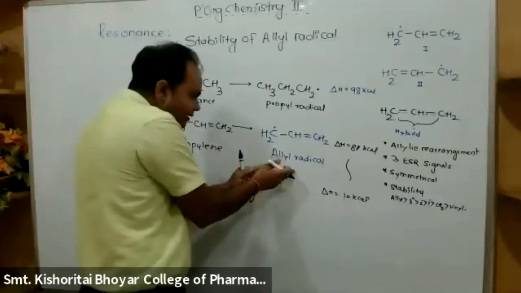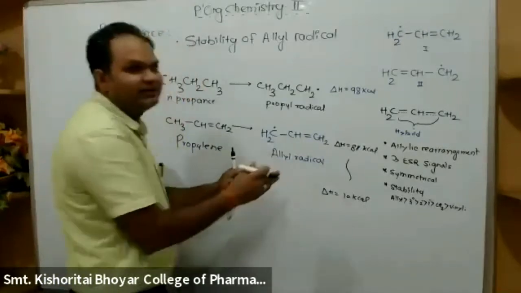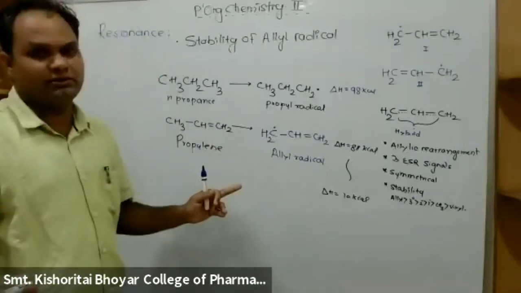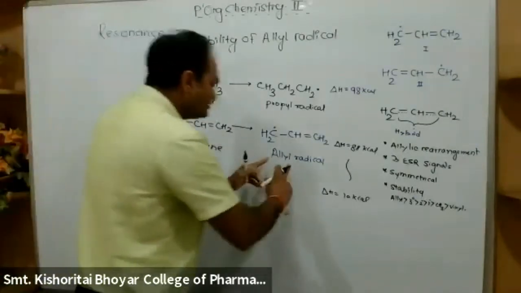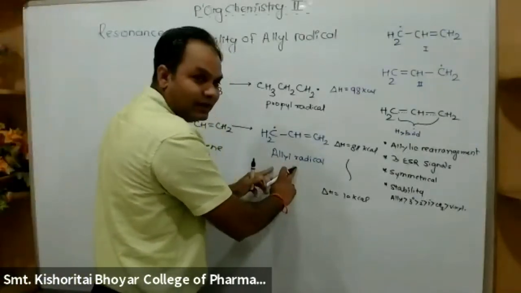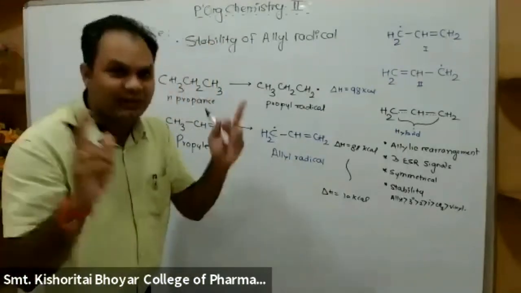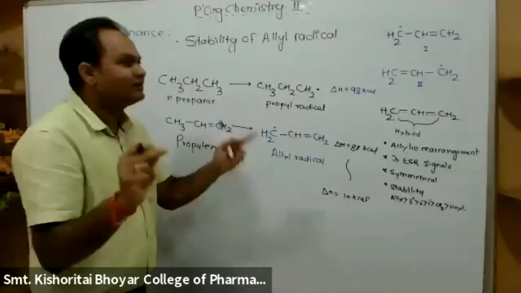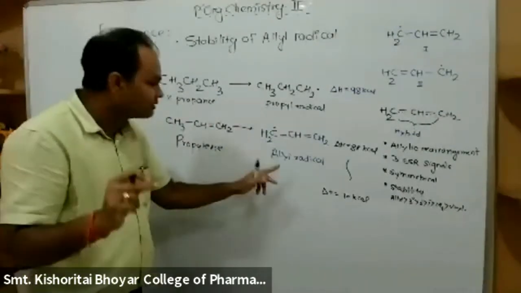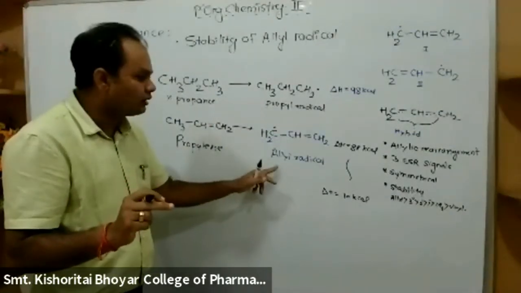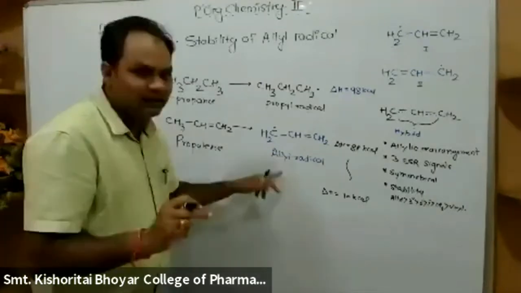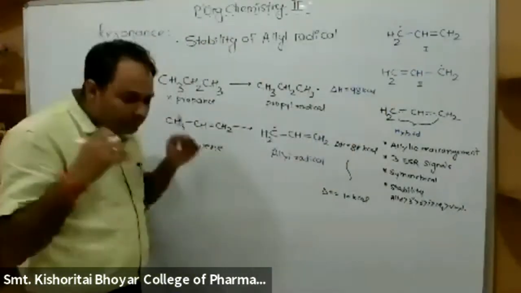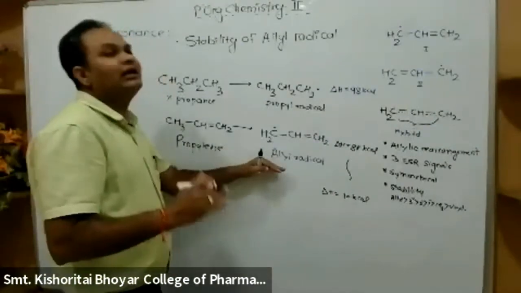And why is the allyl radical a stable one? Because it is a resonance hybrid. And that resonance hybrid is made up of equally stable equivalent structures, which are called contributing structures. So this is all about the stability of the allyl radical. Again, from the energy values, we confirm that the allyl radical is a stable one.